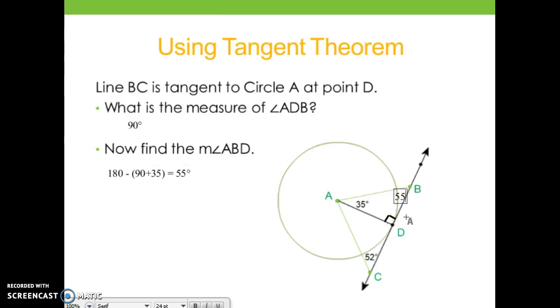So angle ABD is 55 degrees. If we simplify, this would be 180 minus 125 equals 55 degrees. So again, we're using the triangle sum theorem and the fact that we have a right triangle here to find the missing angle measure.